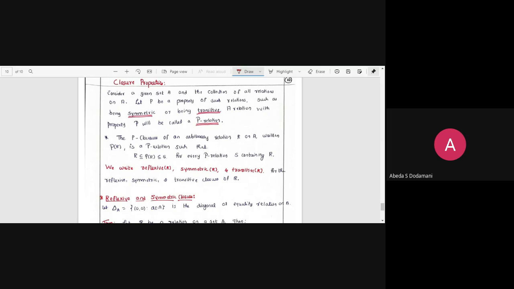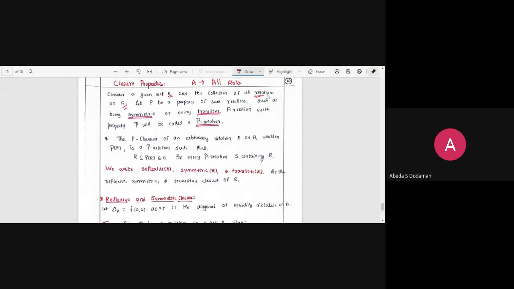Consider a given set A and the collection of all the relations on A. So I'm considering one set A and all the possible relations. Let P be a property of such relations, such as being symmetric or being transitive.